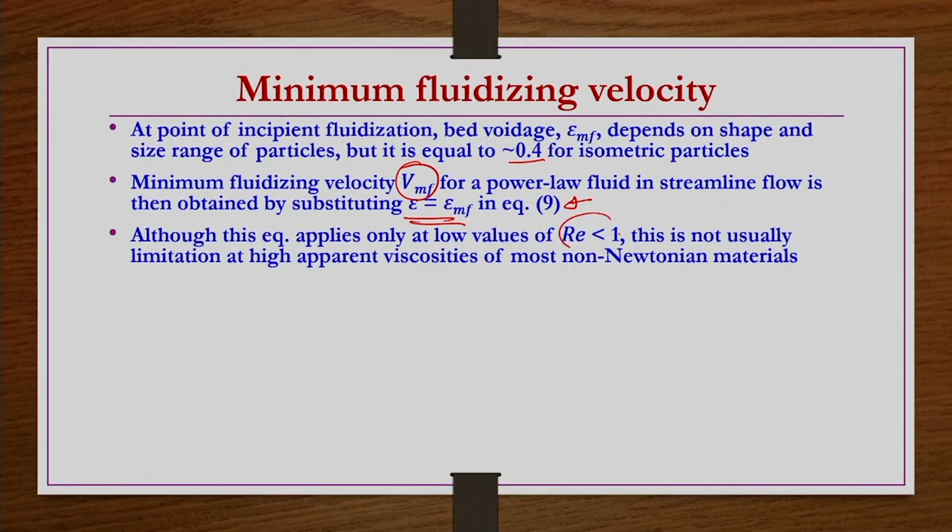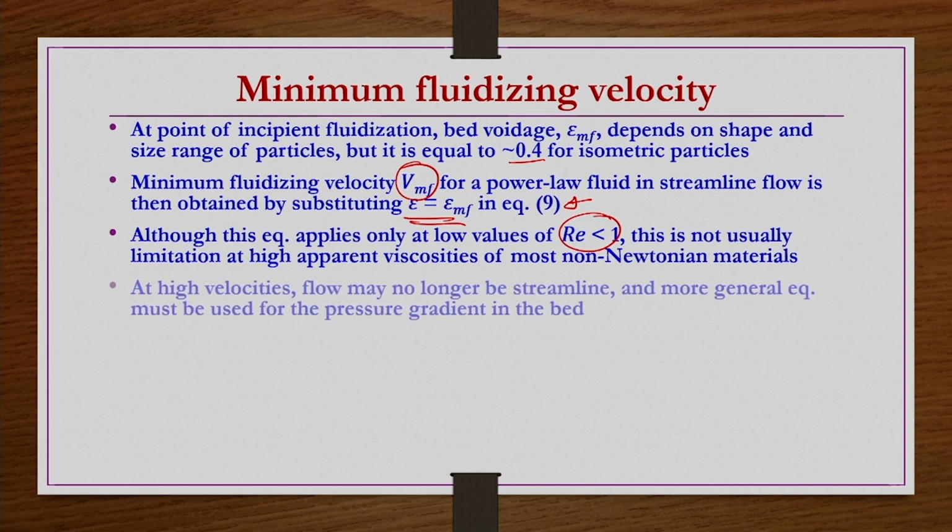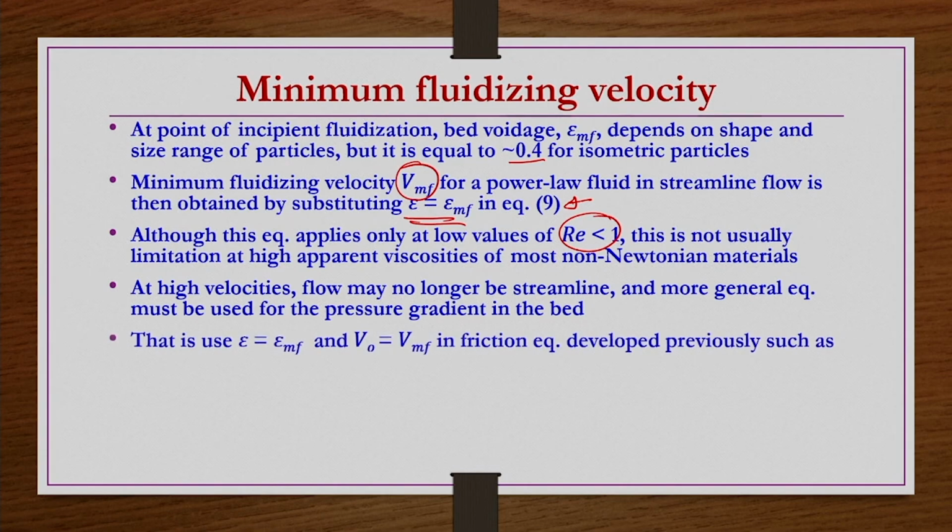So this limitation is fine. At high velocities, the flow may not be under streamline conditions, and a more generalized equation must be used for the pressure gradient in the bed.